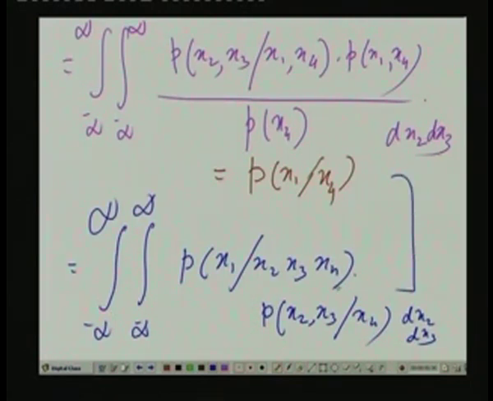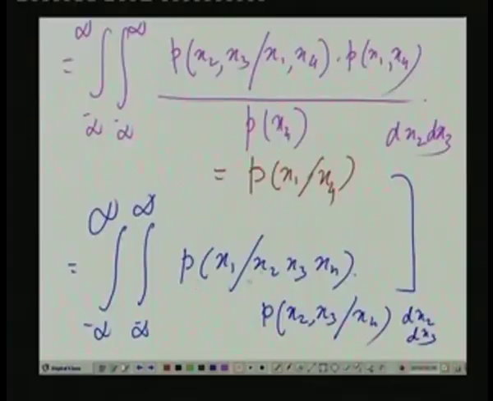So, I repeat, if you are given a conditional density function where within the bracket you have got a slash sign like this, to the left there are some variables, to the right there are some variables, and from the right you want to eliminate some of the variables, in this case x2 and x3. Then what you do?